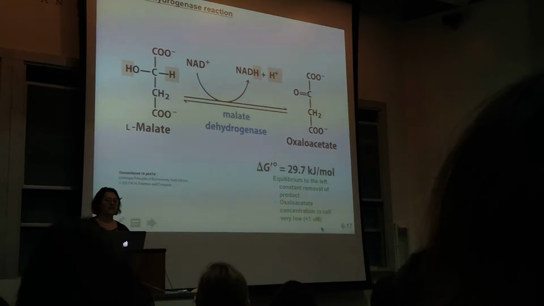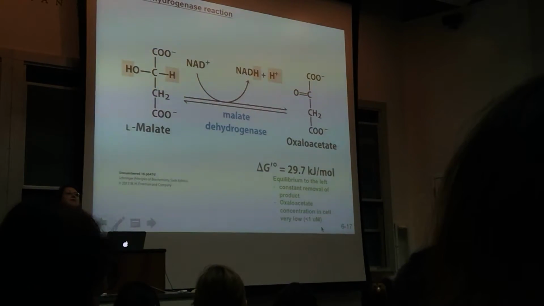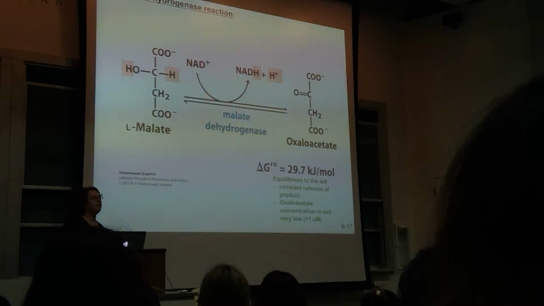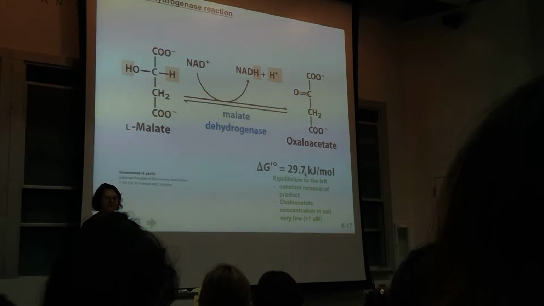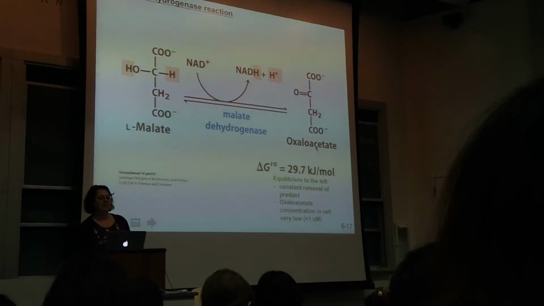Often it's as low as 1 micromolar, and usually for the other things we're talking more about hundreds of micromolars, or even low micromolar. So in order for this to happen, it's really about having very low product and then these driving.